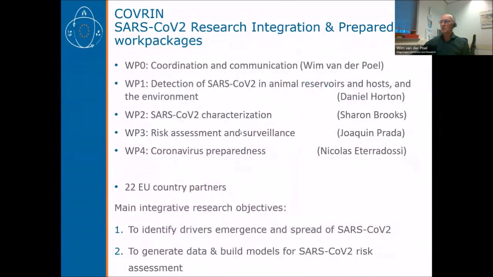We have started a program to better control SARS coronavirus 2 in the European Joint Program for One Health, forming a network for SARS coronavirus characterization, better preparedness. And in this network, we hope to be able to better control future coronaviruses that may occur.